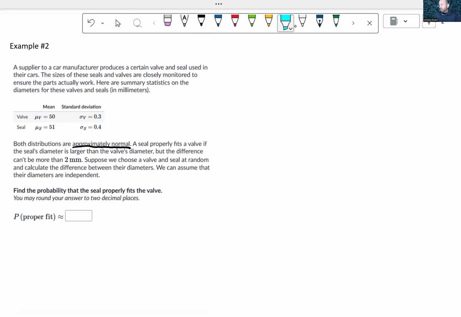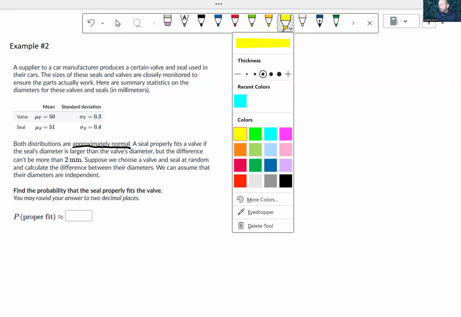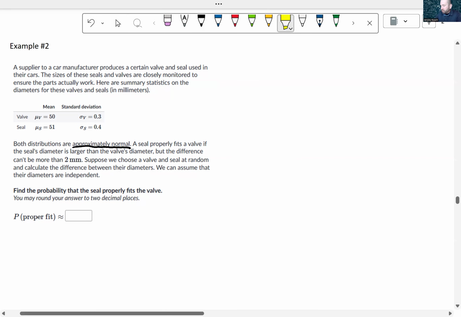But some important information to note in this problem. It says a seal properly fits a valve if the seal's diameter is larger than the valve's. But also, the difference in their sizes can't be more than 2 millimeters.